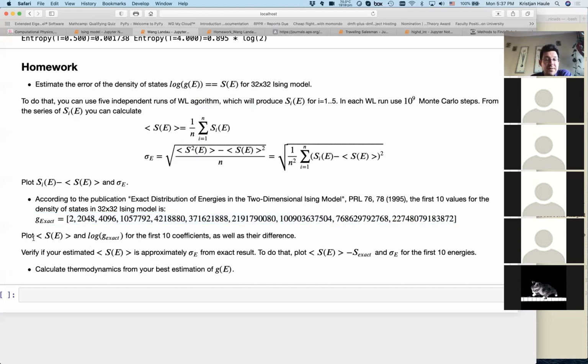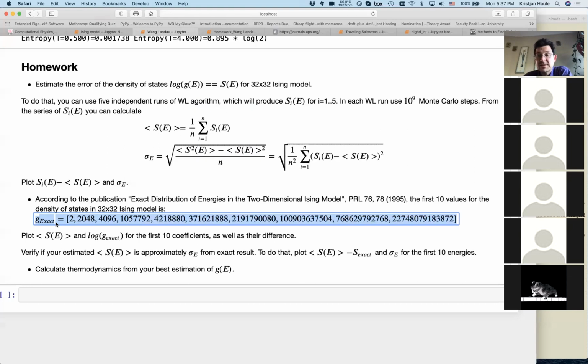So what we want to do now is check whether our approximate numerical calculation is close enough to these exact values. What does it mean, close enough? Well, of course, if you run this for a very, very long time, you're supposed to get exact numbers, but we're not going to get exact numbers because we are running for a finite amount of time. But what we expect is that the difference between the exact and our estimation is within a standard deviation, or maybe 2 standard deviations, okay, but not 10 standard deviations.